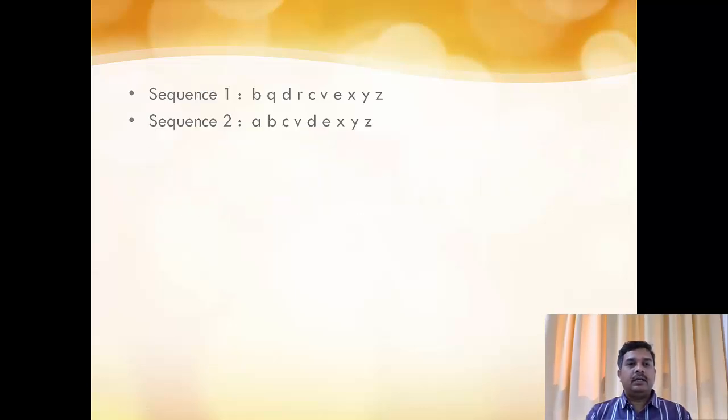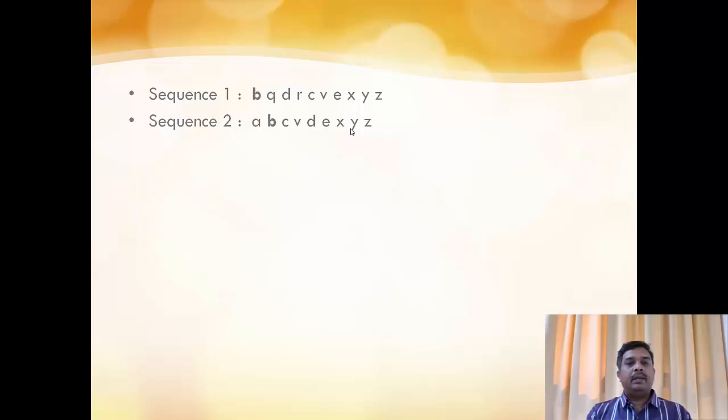See here, in sequence 1 we are given B, Q, D, R, C, V, E, X, Y, Z, and in sequence 2 the characters are A, B, C, V, D, E, X, Y, Z. So what we'll do? The first character of sequence 1 will try to match with the first character of sequence 2. If it matches, okay, otherwise we will go to the second character.